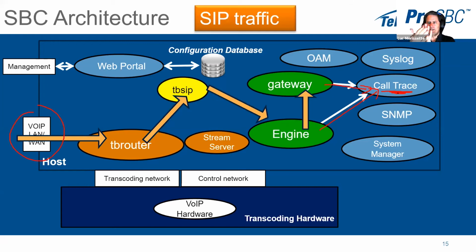That's what you see in the call trace: the messages that came in and went out, but also things like playing and recording, which are done by another application called engine.